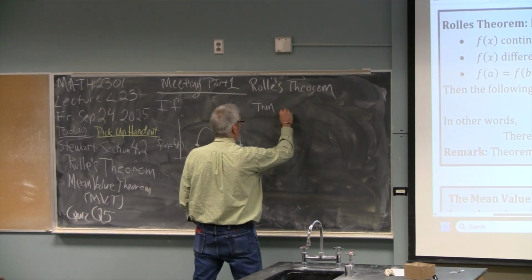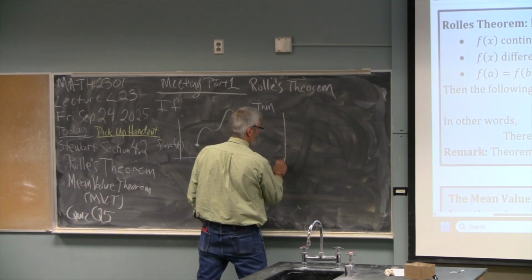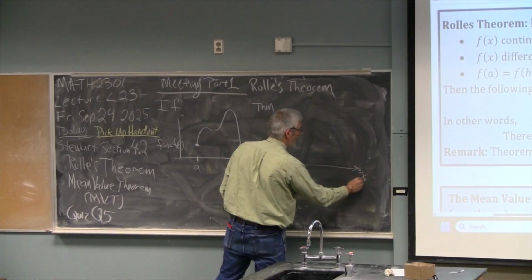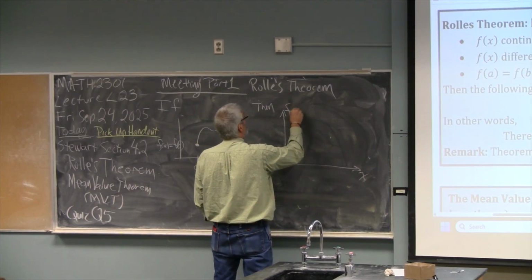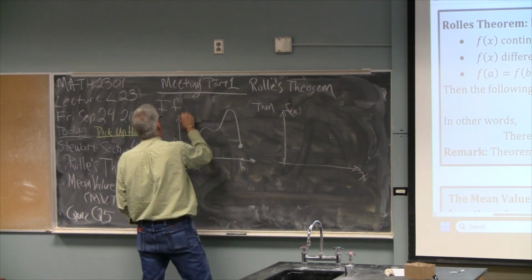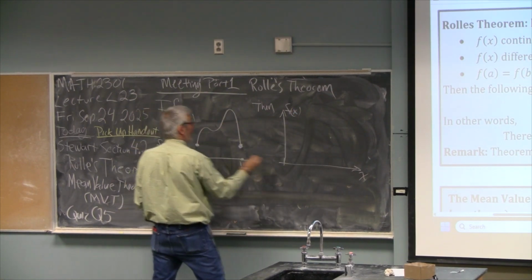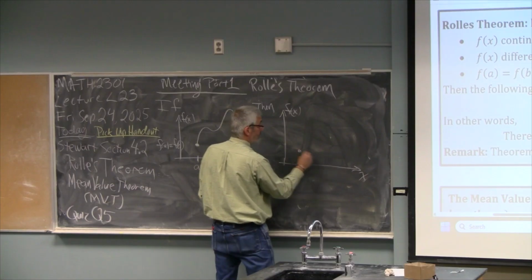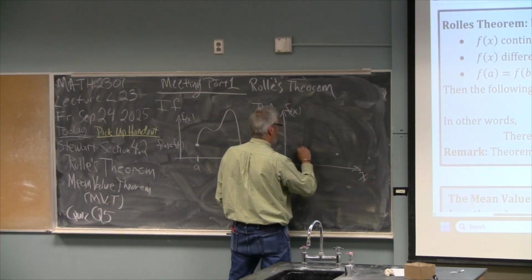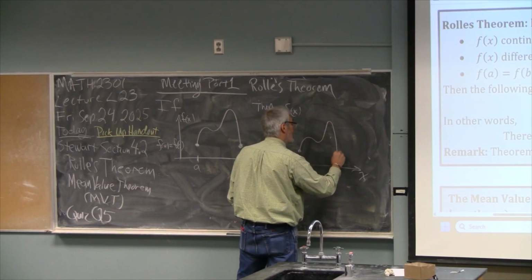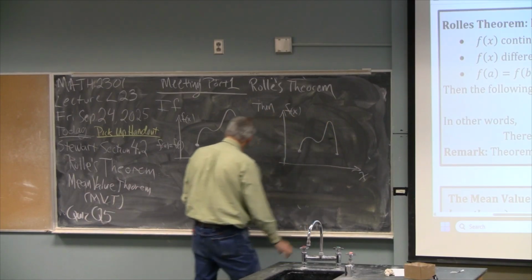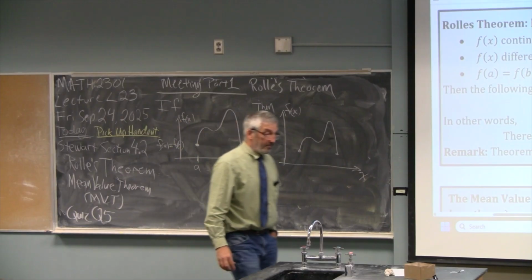So I'm going to illustrate that with another drawing of the exact same picture, but I want to have a separate picture so I can draw your attention to what the then part says.